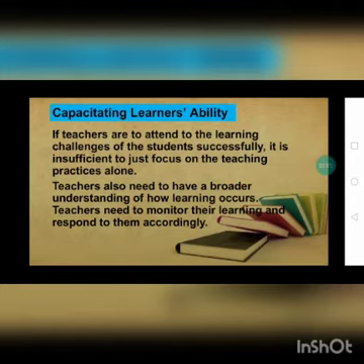So it is very important nga naapoy kanang lahi nga buhaton ang isa ka teacher nga strategy para nga ang students mas maka-learn or mo participate. So teachers also need to have a broader understanding of how learning occurs. Teachers need to monitor their learning and respond to them accordingly.